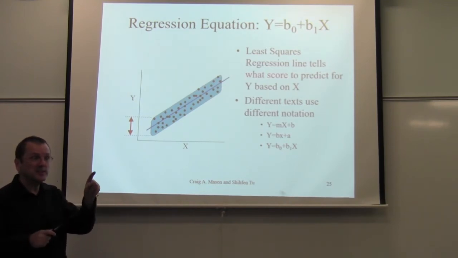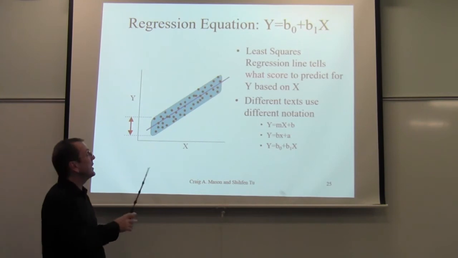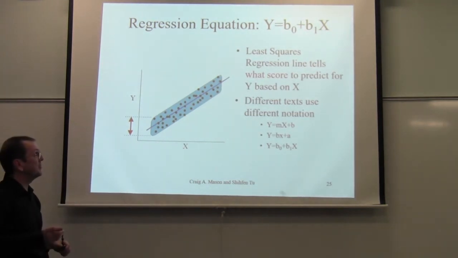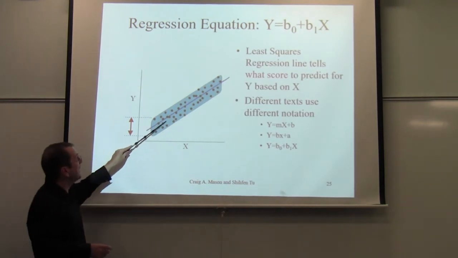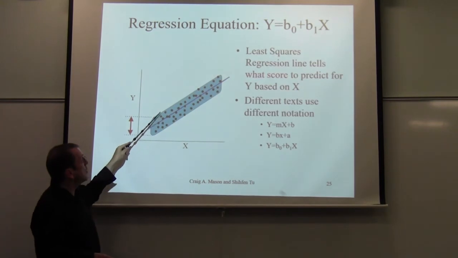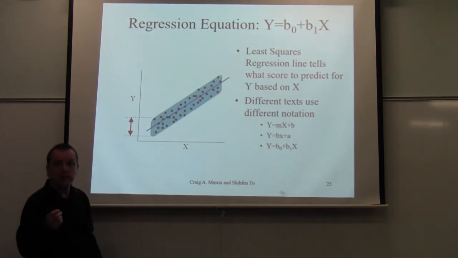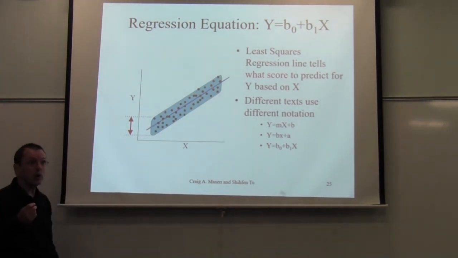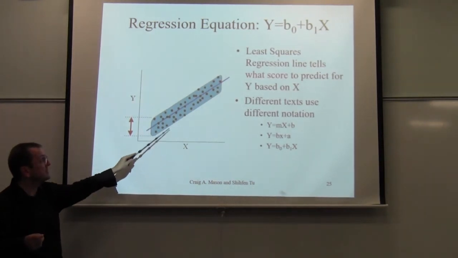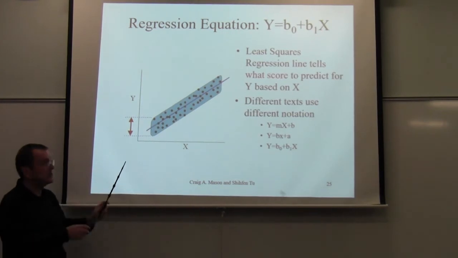The least squares regression line is a line that passes through the data, and it tells us what we would predict for some y based on a score of x.